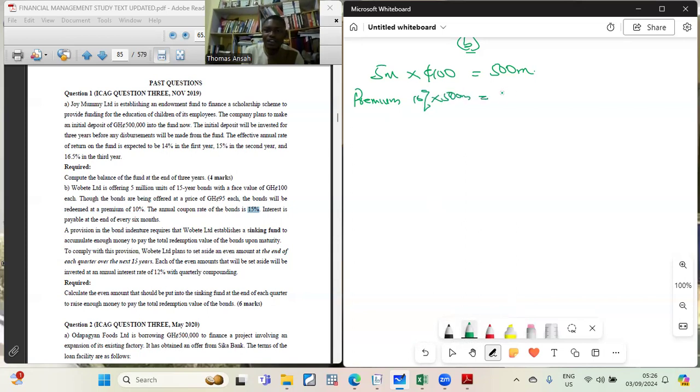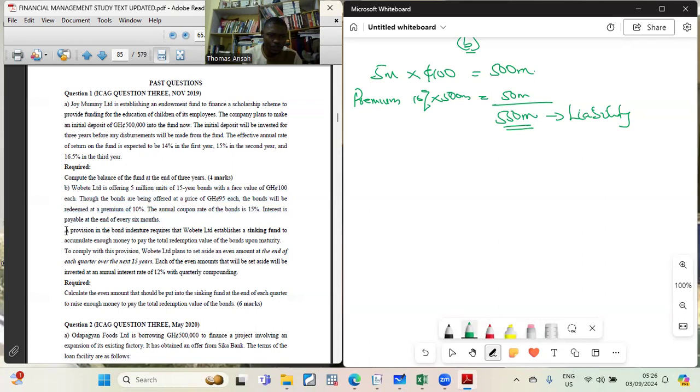So the day the 15 years will come, we are going to pay 550 million. That is our liability. Of course, there is interest in between every year of 15%. So take note of that. And so the question says that interest is payable at the end of every 6 months. That is also interesting. Now, this is the first part of the question.